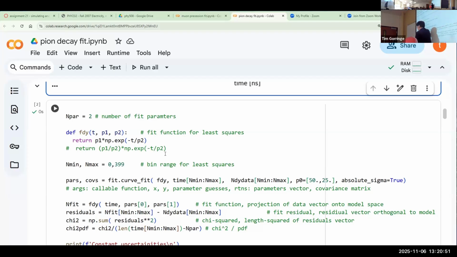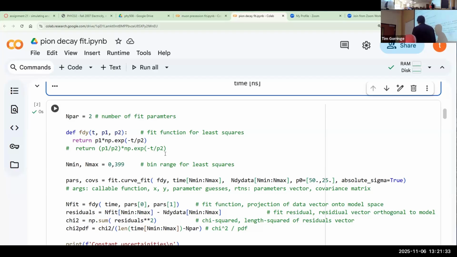Under the hood, curve fit is just going to be passed the name of this function. It will be calling this function as it tries to find the chi-square minimum. So when curve fit calls it, this function just returns the value of the function for the times and particular values of the parameters that we're trying to find the best fit values for.